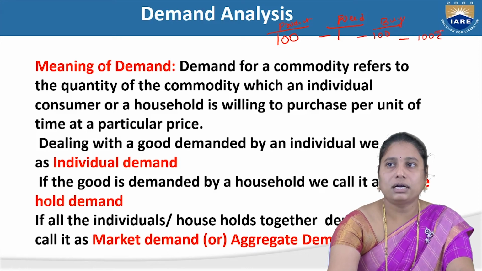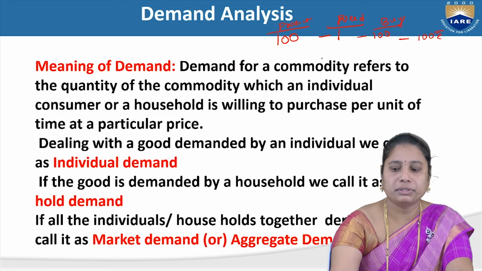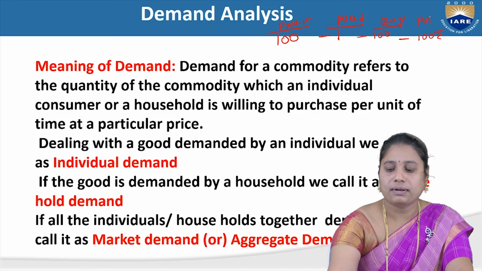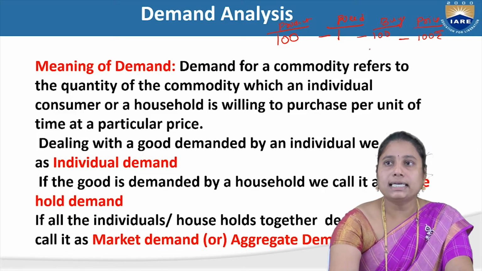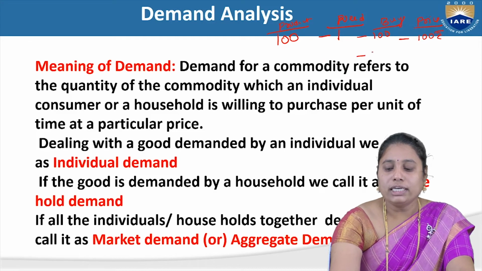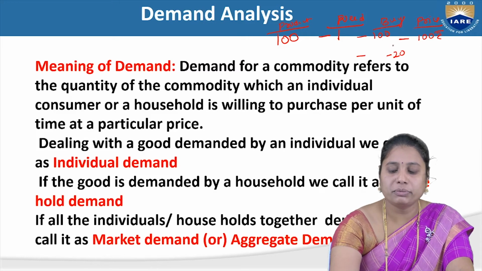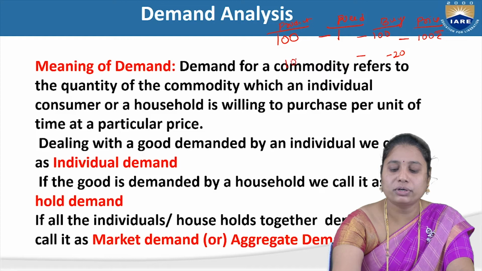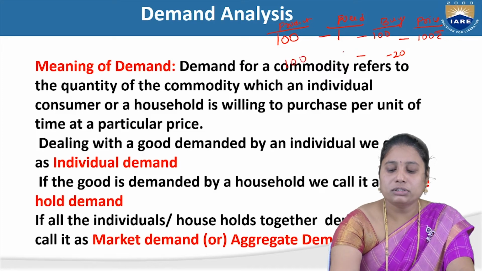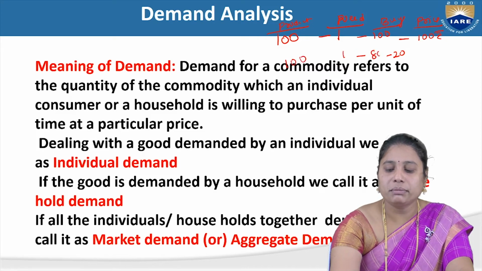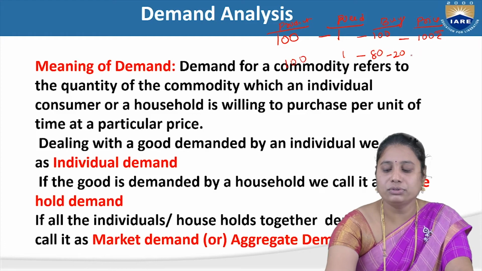Then 20 members withdraw from purchasing because they have postponed the purchase. Now the availability of products is 100, each requires one, but the buyers have become 80. Then there is a chance of the price reducing to 90 rupees.